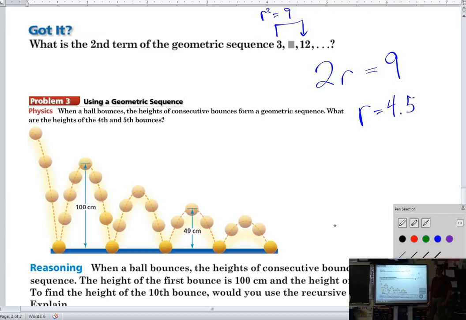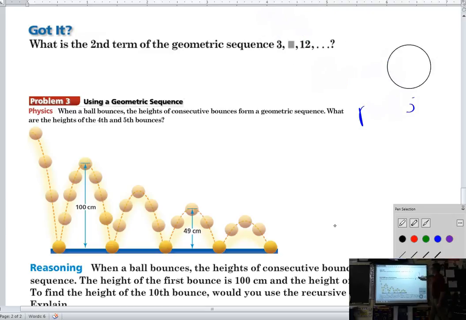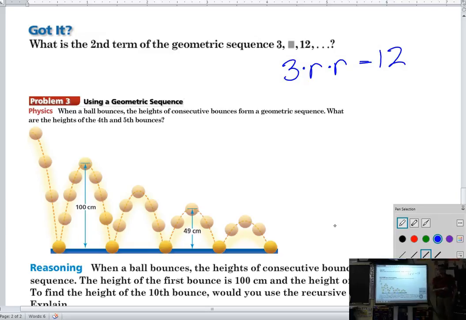Nice, Davis. So what we're really saying is 3 times the ratio got us 12. R squared here, this is not arithmetic. What difference happens between 3 and 12? Times 4!